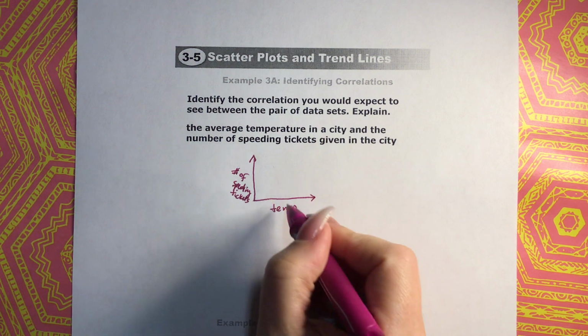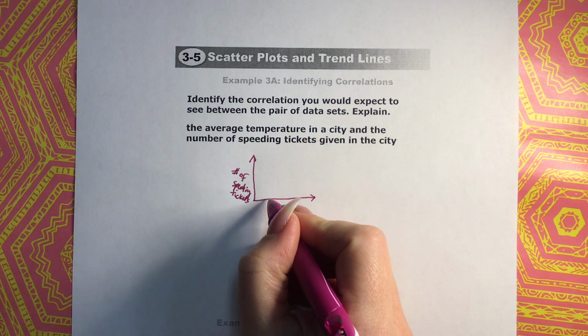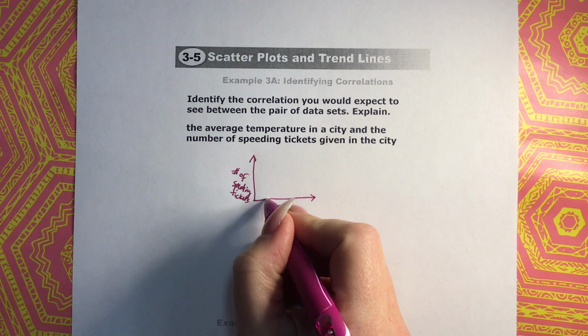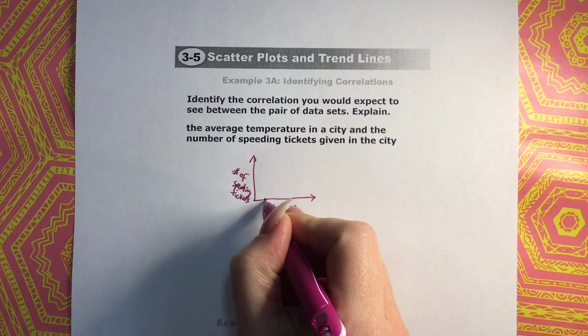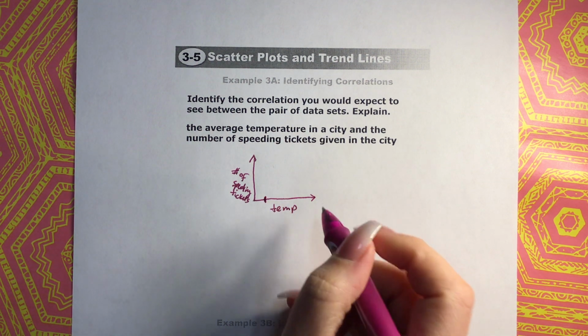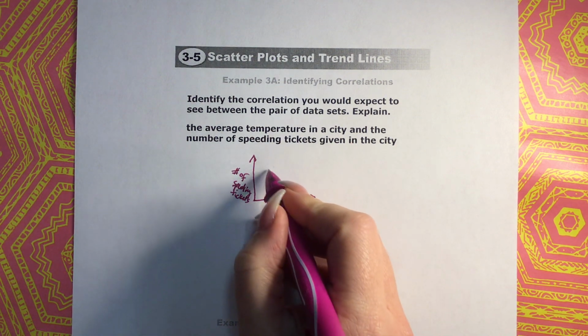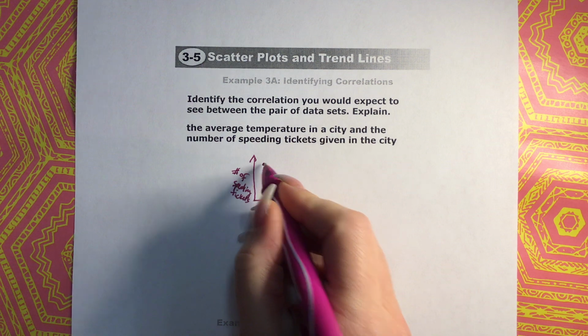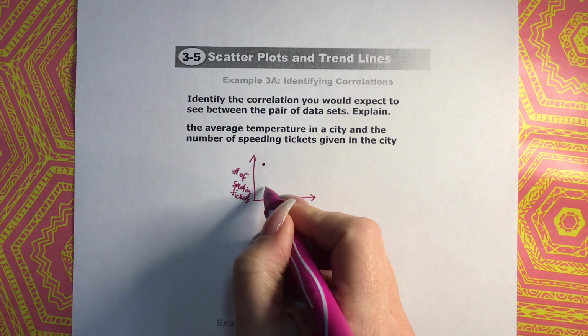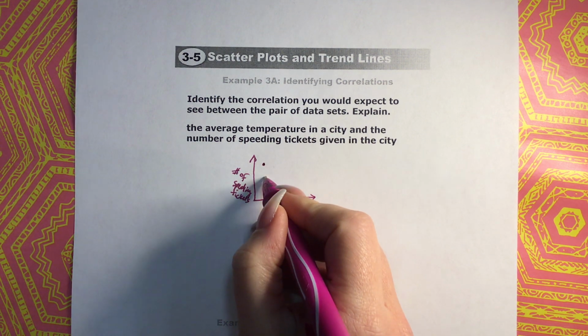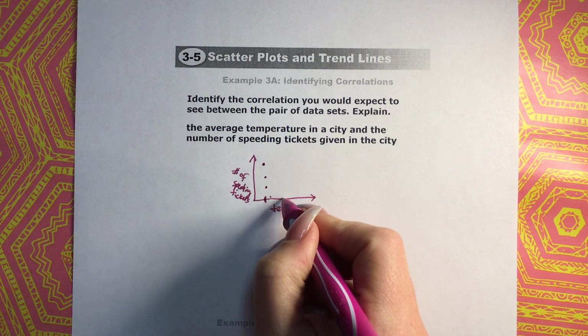Okay, so let's say the temperature is low, somewhere low. What do you think the number of speeding tickets would be? Well, I kind of think it could almost be anything, right? You could give a lot of speeding tickets, or maybe you don't give that many, or there could be something in between.